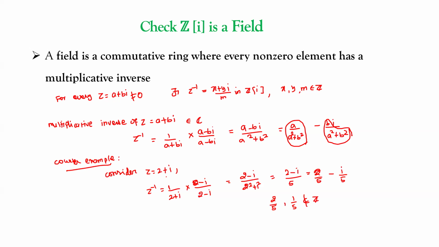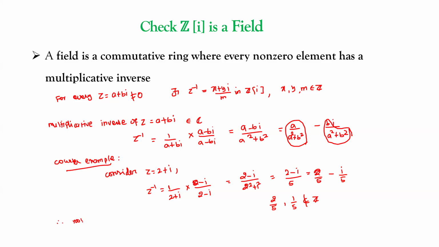Therefore, Gaussian integer may not have multiplicative inverse in Z of I. So, it need not be a field. It is not a field. It need not have inverse. So, it is not a field.